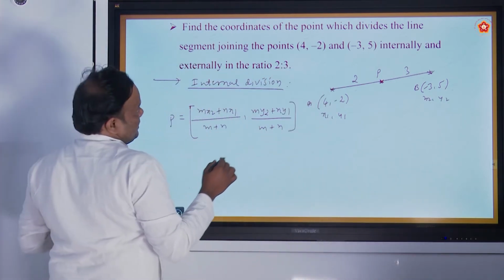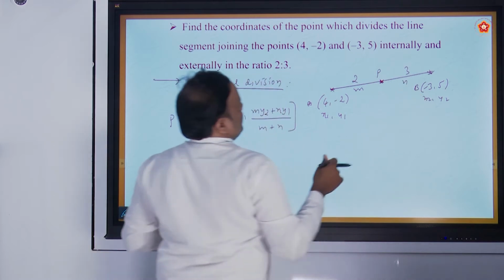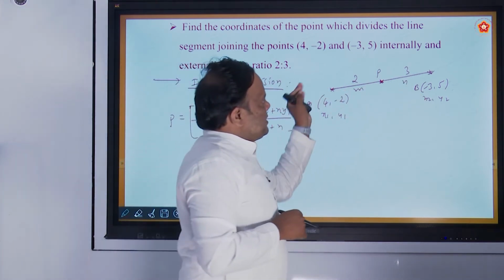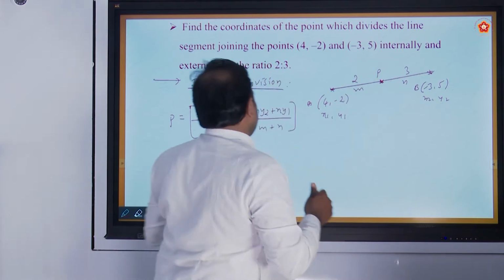What are m and n here? This is the m ratio, this is the n ratio. You know the section formula theorem: P divides AB internally in the ratio m:n. Here m is 2 and n is 3.